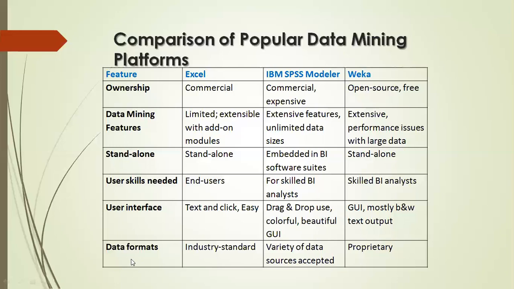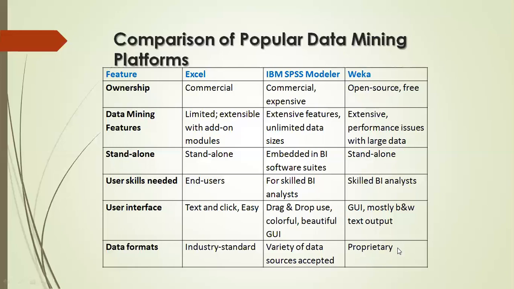The last feature is data formats. This is industry standard with respect to Excel, and for the IBM SPSS Modeler, a variety of data sources are accepted, and for Weka it is proprietary. Proprietary means relating to the owner, depending upon how the owner is going to use it and which kind of format.